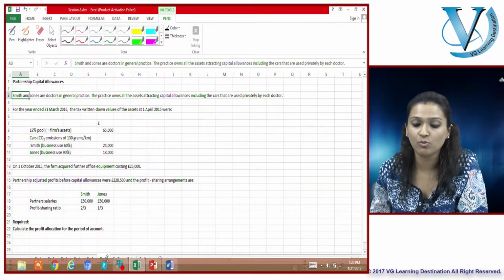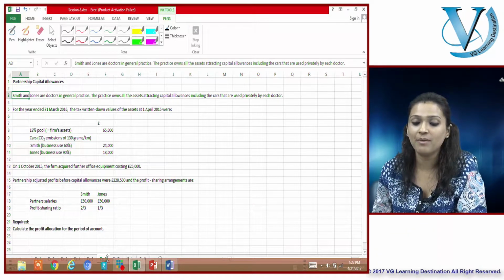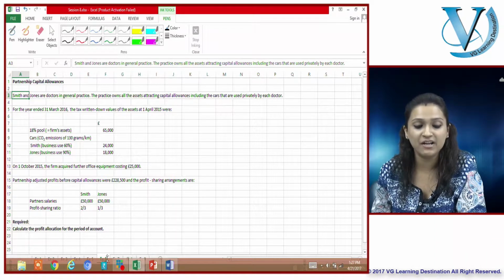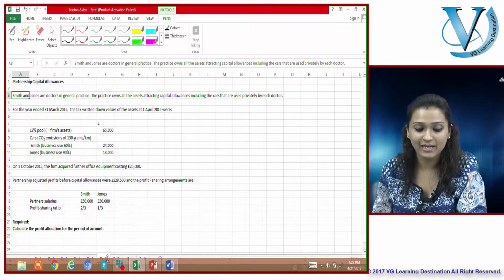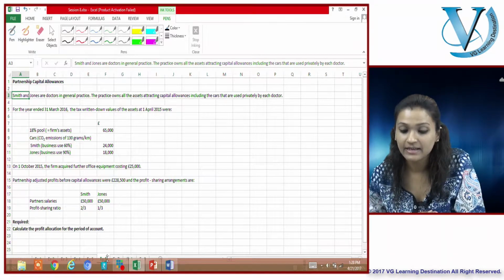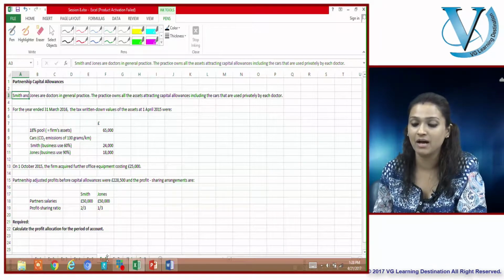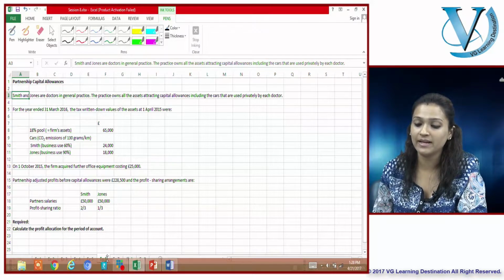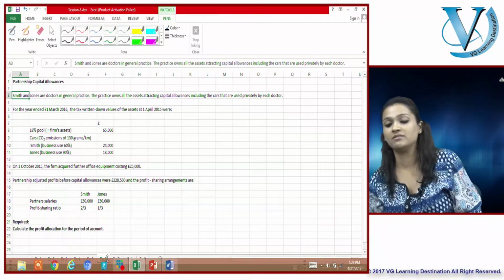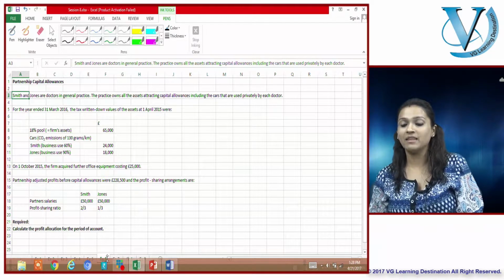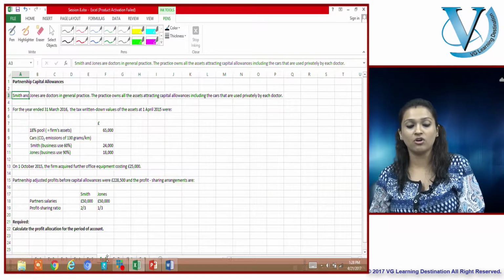On the 1st of October 2015, the firm acquired further office equipment costing £25,000 eligible for AIA. What else? Partnership adjusted profits before capital allowances were £228,500, and the profit sharing arrangement is as follows.